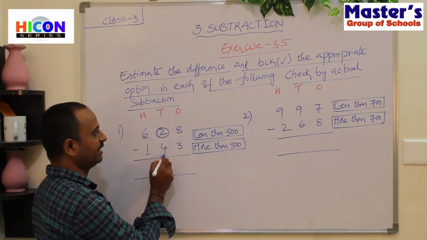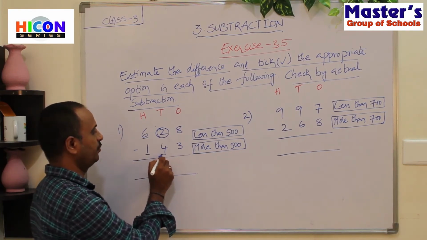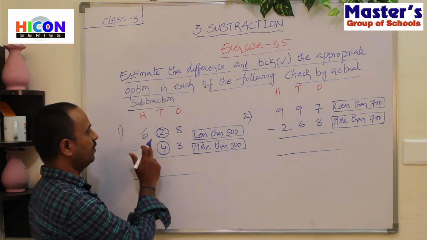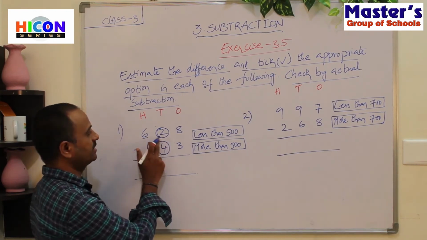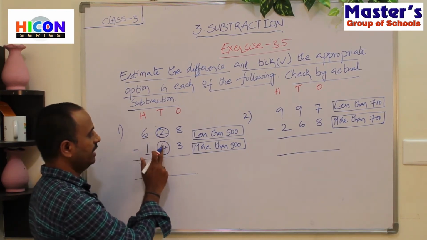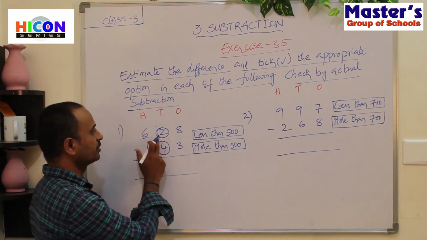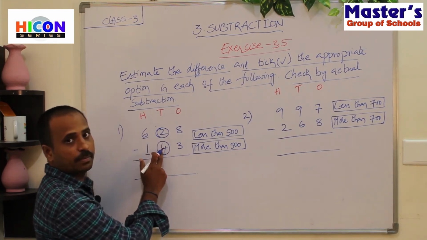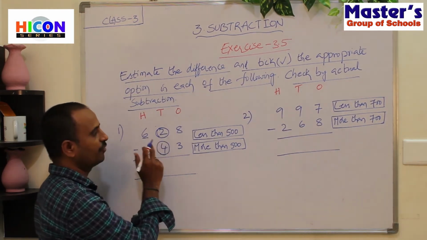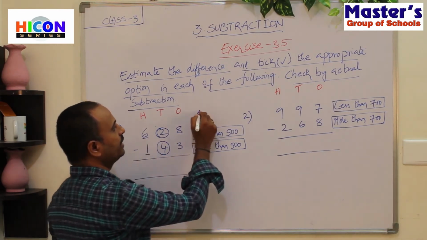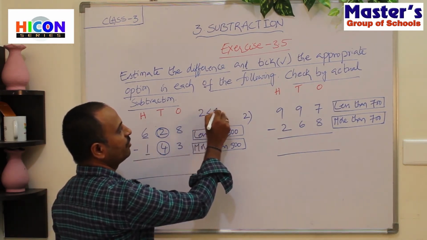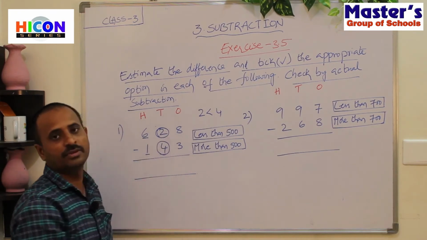And what is the second digit here? 4. So 2 is less than 4. That is, 2 is the smaller.